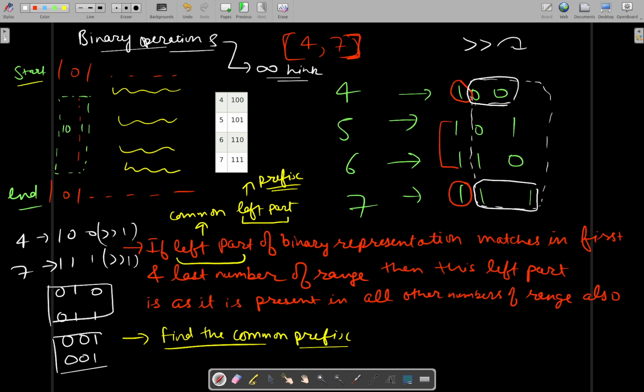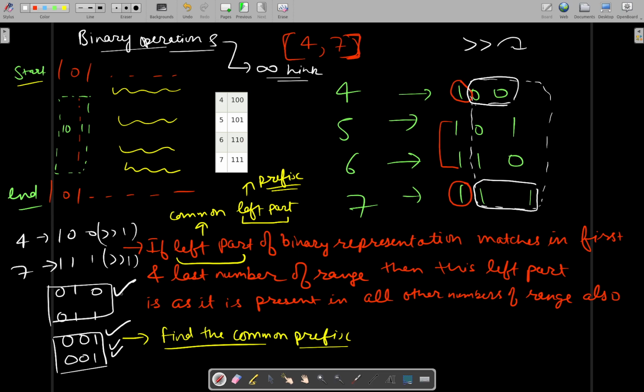Right now these numbers are equal. So how many times did we shift them? It was the first time and the second time, so we do the binary right shift 2 times.